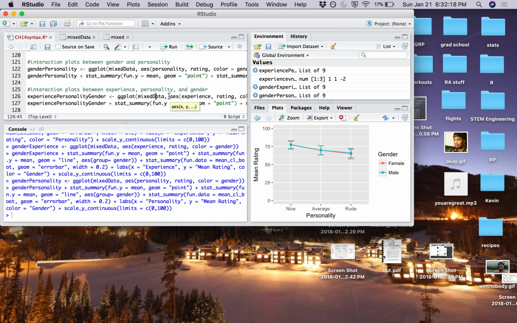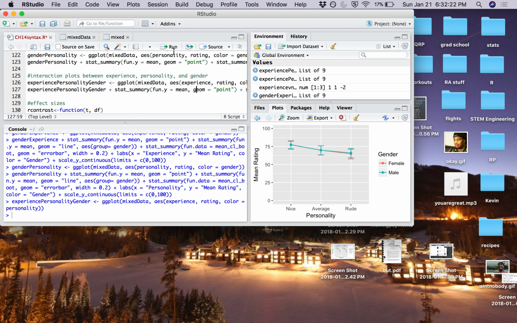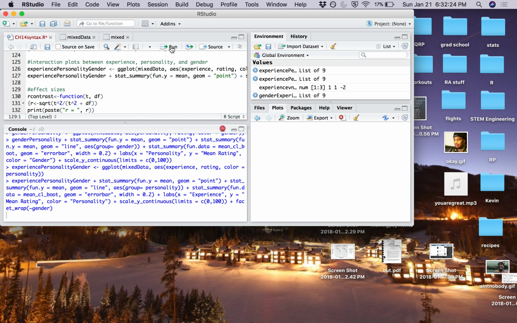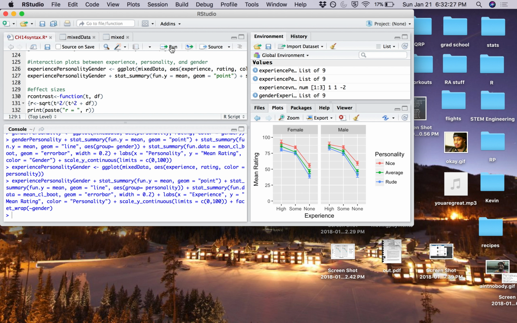And last, we will look at the interaction plot between experience, personality, and gender. So we can see that for both genders, as level of experience decreased, so did mean score. And as people became more rude or less nice, their mean score decreased.